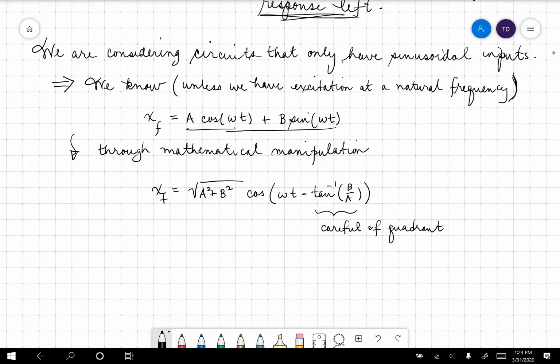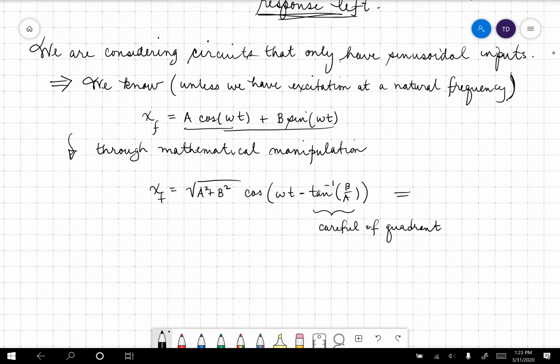So what do I really want to show you? It really looks like this. It has an amplitude, so I'll just call it A sub m right now, a magnitude or an amplitude, cosine of omega t, in this case minus, could be plus, theta A. It has an amplitude and phase angle.